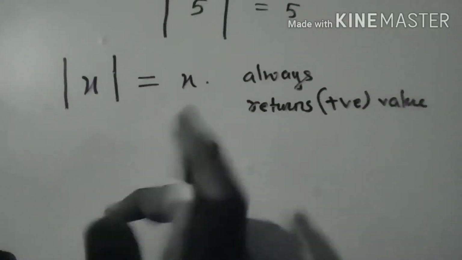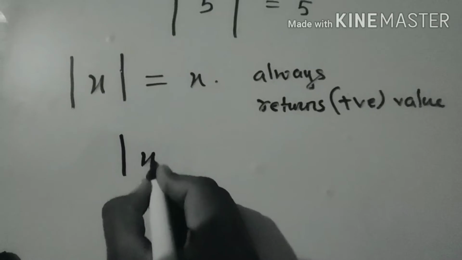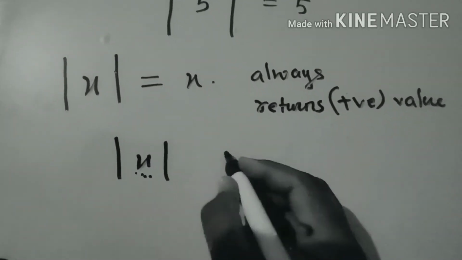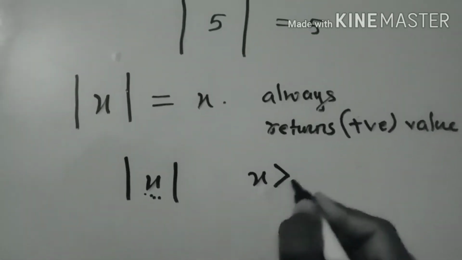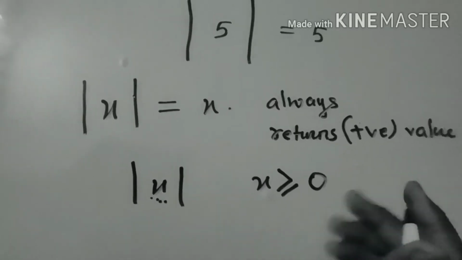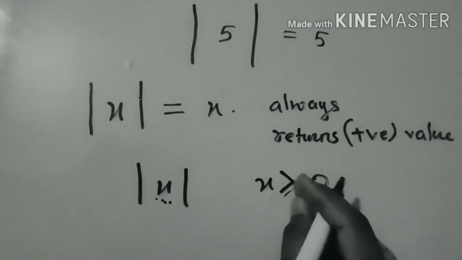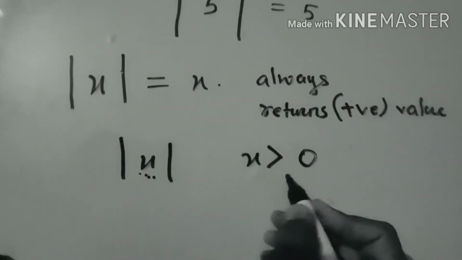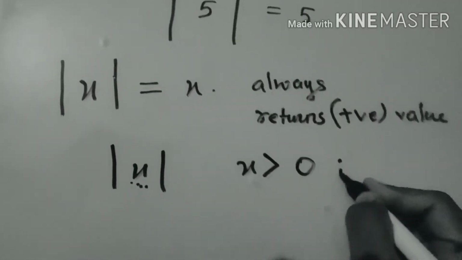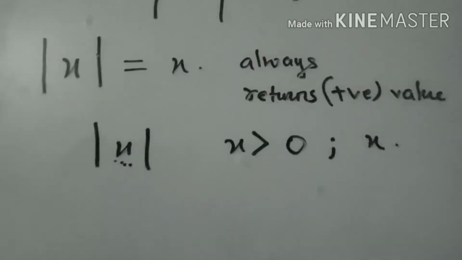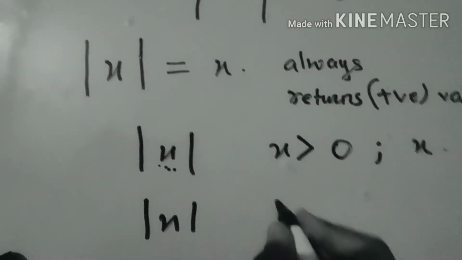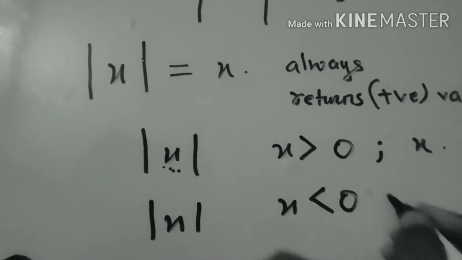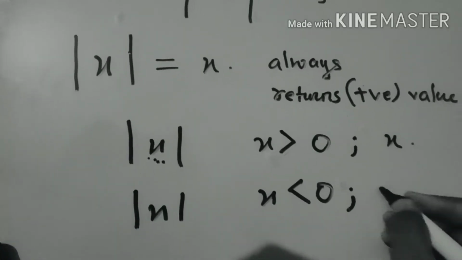So let us see, if x is positive, meaning x is greater than or equal to 0, because we'll see the case of equal to 0 as well. If x is greater than 0, then the answer will obviously come out to be x. But if x is smaller than 0, then the answer will be minus x.